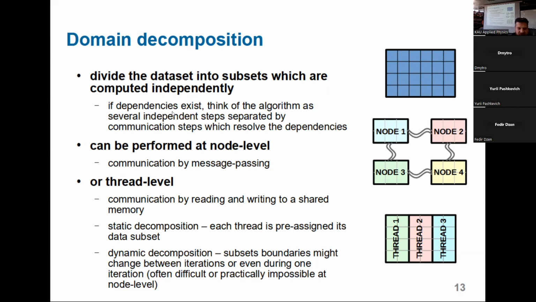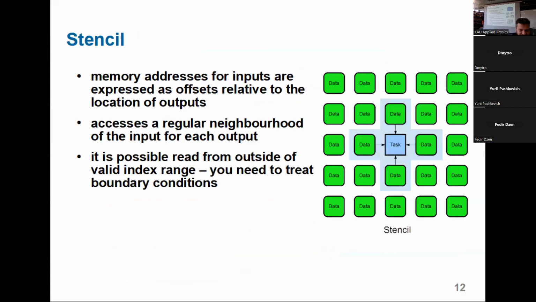So if I go back to the stencil, let's say here's my division line. I decided that I will put this data on one processor and this on another and solve those parts independently. Can it be done? Well, not really independently, because in order to set the new value here, I need to see the old value at the neighboring processor.